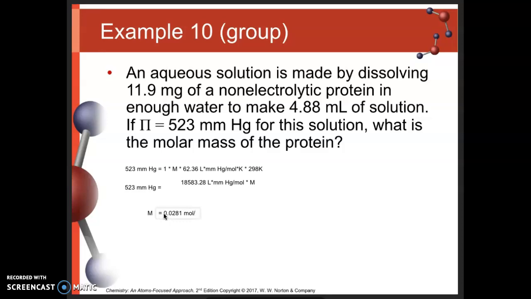moles per liter. We're going to do the same calculation with it that we did in the previous. Multiply it by 4.88 milliliters. Multiply it by 1 liter over 1,000 milliliters.